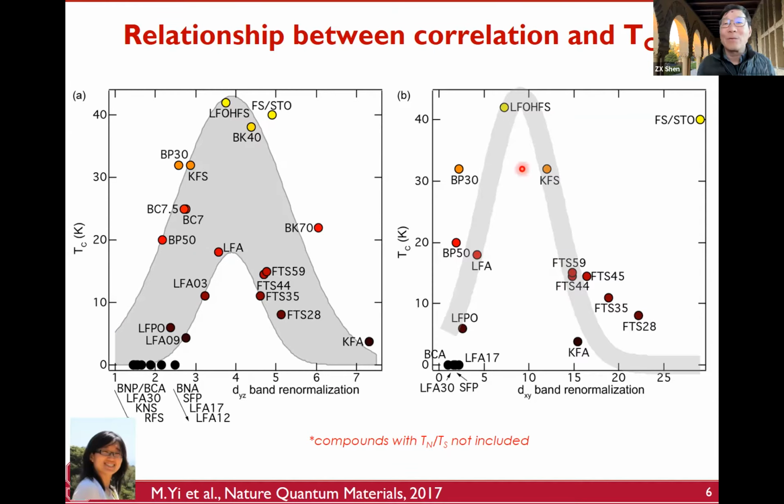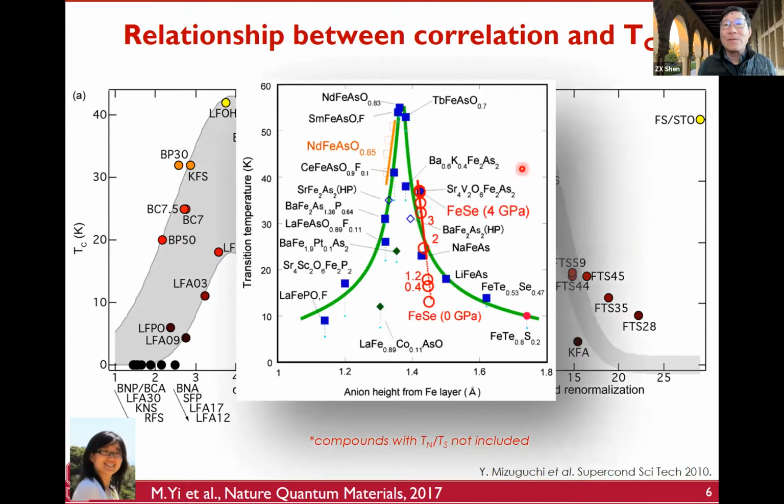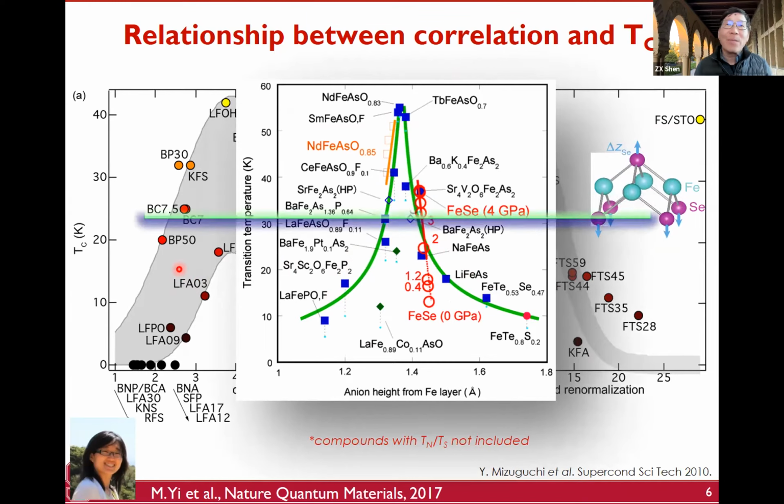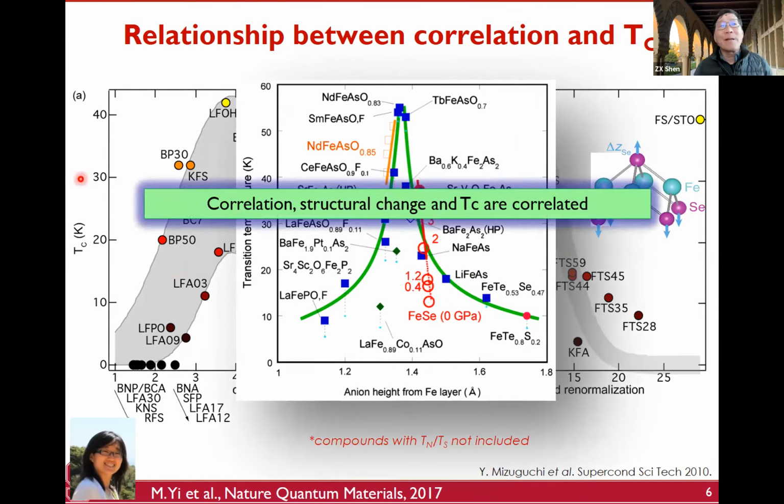They all show this sort of shape. One wonders whether there is some underlying linkage between this kind of shape of Tc dependence on structure, and also the electronic structure. So the question really raises that it appears there's a linkage between correlation, structural change and Tc.